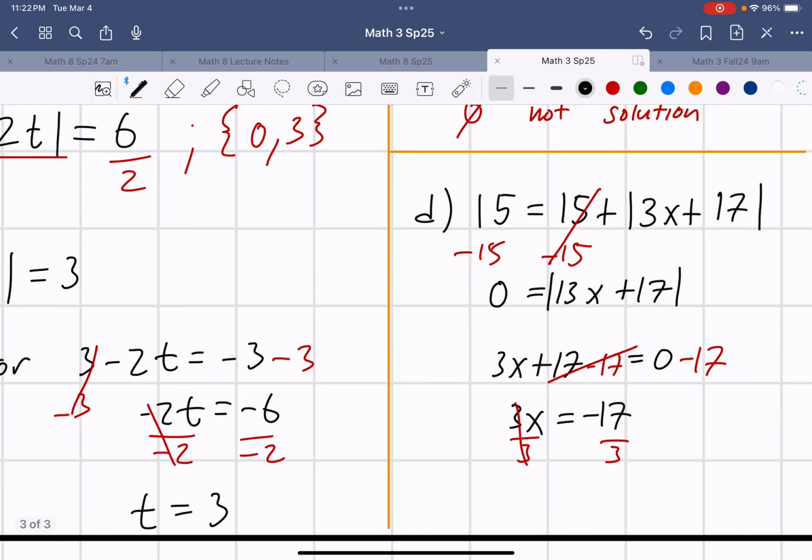That leaves me with a solution set of negative 17 over 3. Now, I prefer whole numbers over mixed numbers and over decimals. So a problem like this, I'm perfectly okay with you leaving as negative 17 over 3.